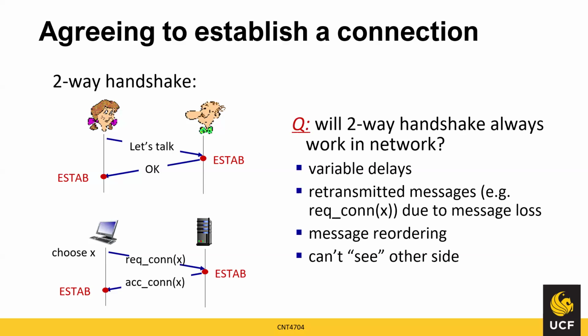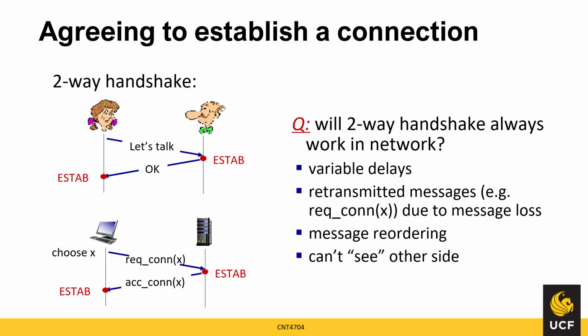And here's why. So the question we ask ourselves is would this always work over a real network? That's not possible, and not necessarily because there's going to be variable delays. We have message losses, we have reordering, and the second message could get lost or duplicated, similar to the acknowledgement that we discussed.